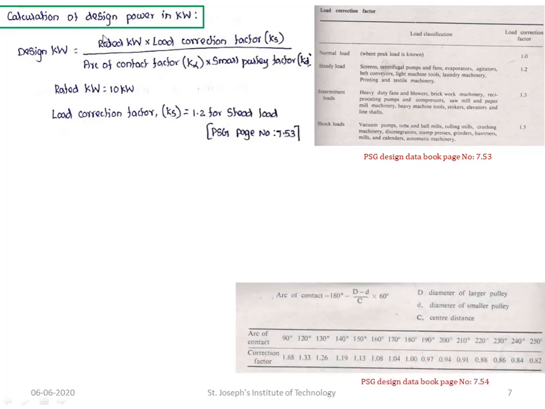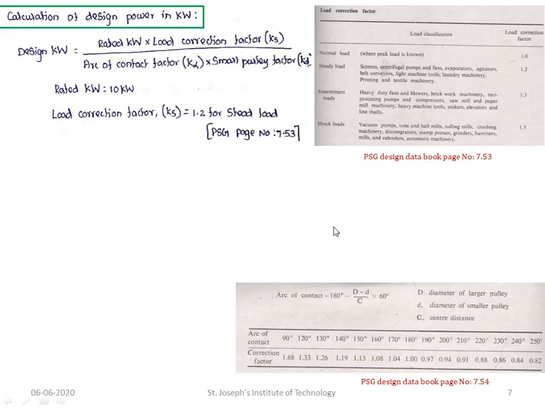Then I need to calculate the arc of contact factor. To calculate it, first I need to calculate the arc of contact, using this formula. Here capital D is the diameter of the larger pulley, small d is the diameter of the smaller pulley, and C is the center distance. All the values are known.